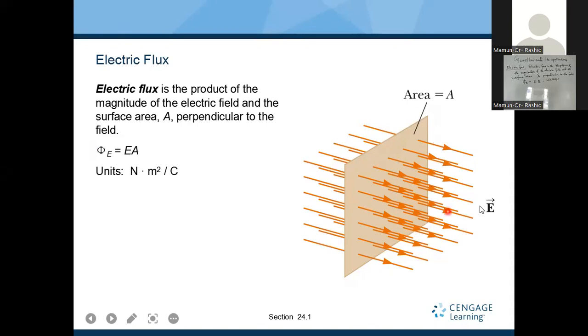It is denoted by capital E vector. So Φ_E, the electric flux, equals the electric field dot the area. This is the figure representation of electric flux.